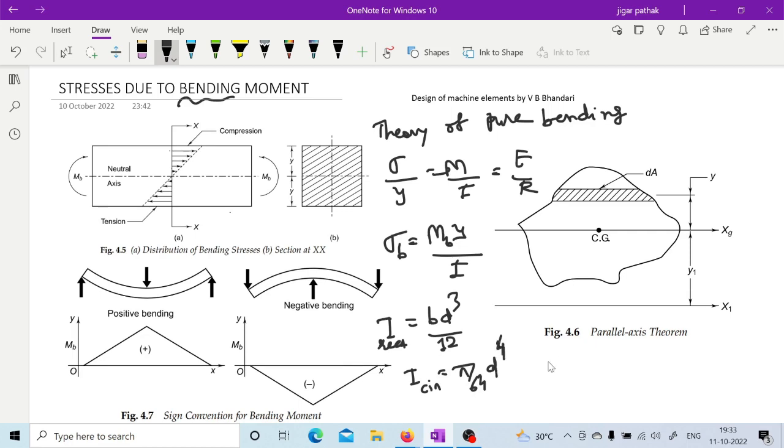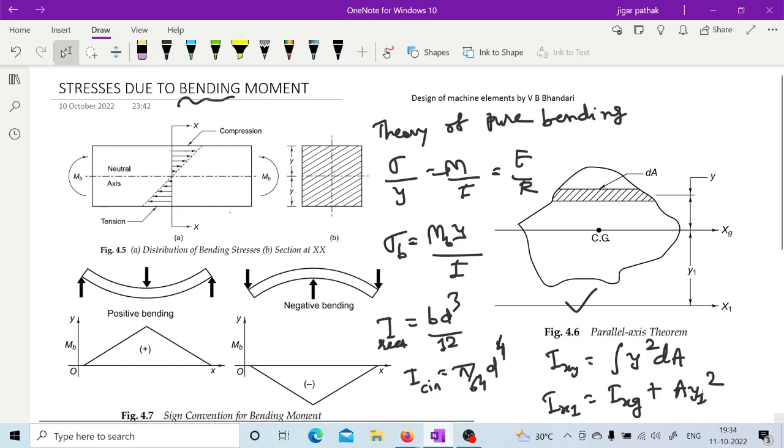But if you have some irregular shape, then Ix can be calculated with the integral of y squared dA. Here the figure shows the parallel axis theorem, in which you can calculate about any axis parallel to the centroidal axis of the component. Like if you want to calculate about Ix1, it will be the moment about its center plus A y1 squared. Like that you can calculate about any parallel axis.